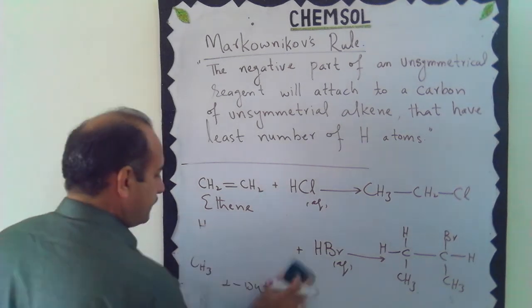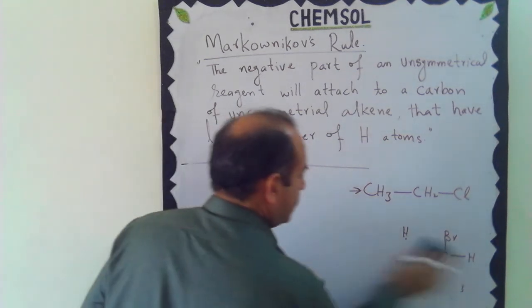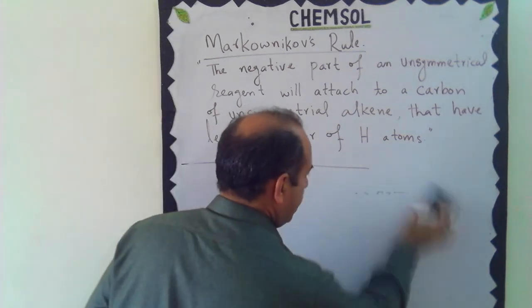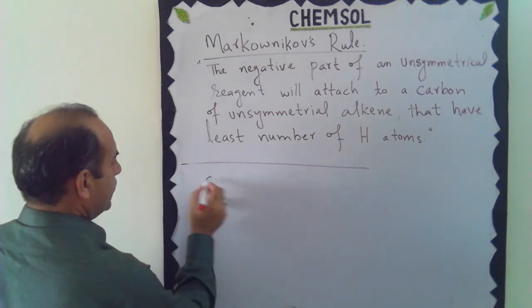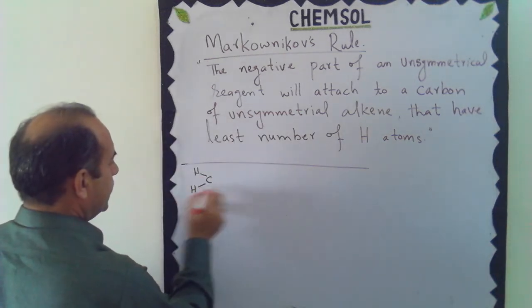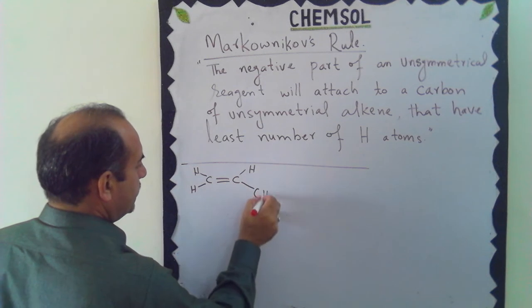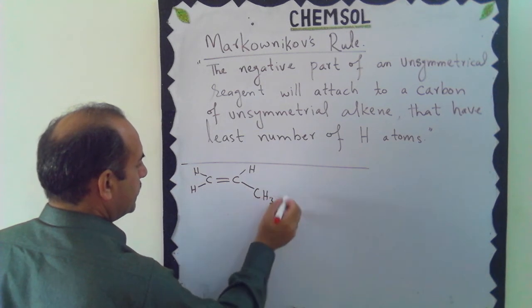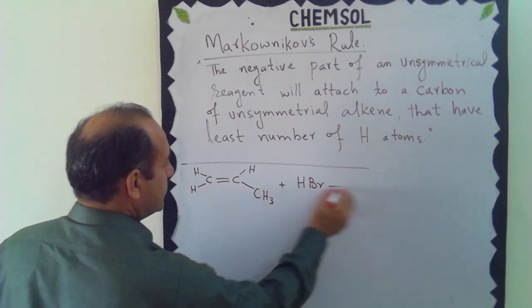But if we have an unsymmetrical alkene, then there is a problem. What is the problem? Let's see. Suppose we have this kind of alkene where the number of hydrogen atoms is different on different carbon atoms, and we react with HBr.